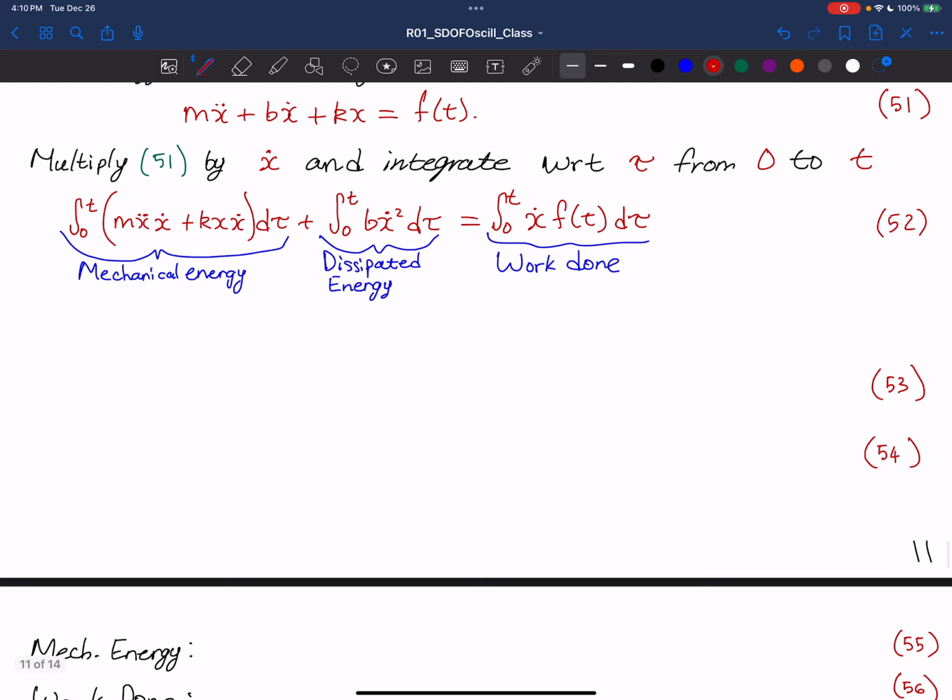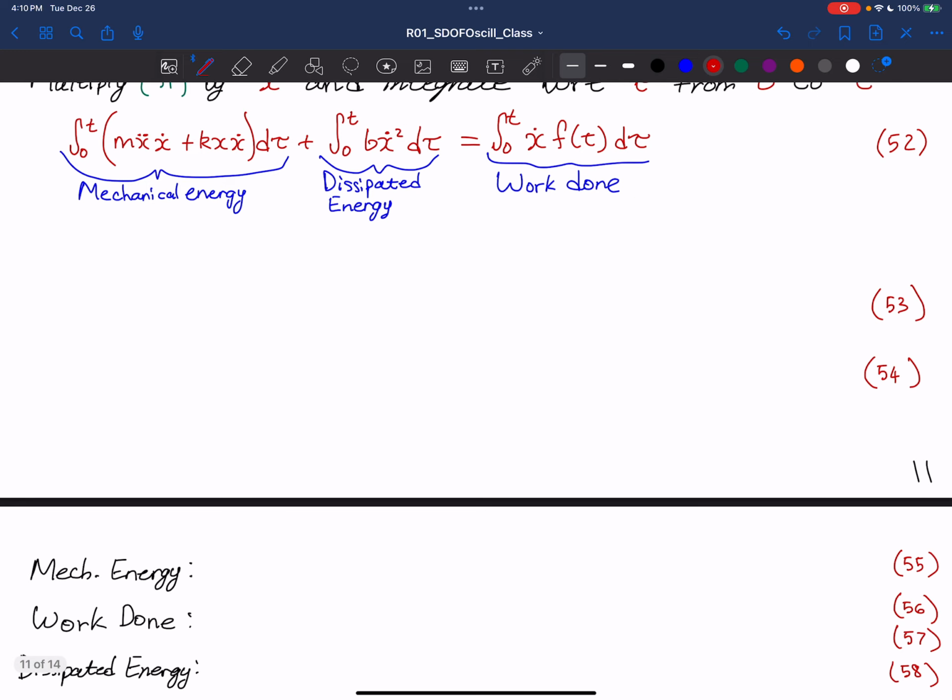Okay, so let's do first the one with the x double dot term in it. We can pull an m out of the integral, so we'll get m times the integral from 0 to t of x double dot times x dot, d tau.